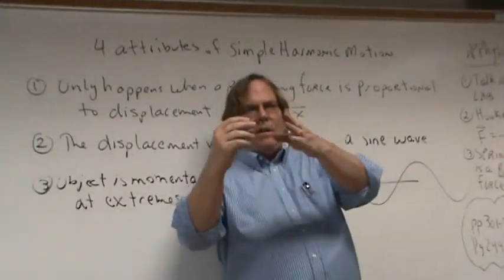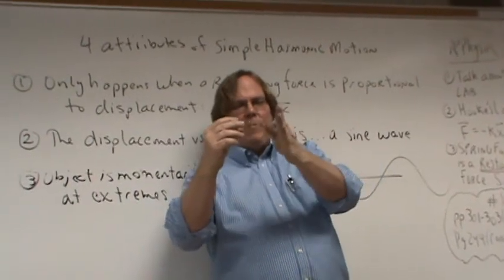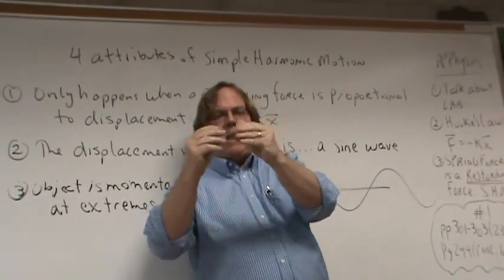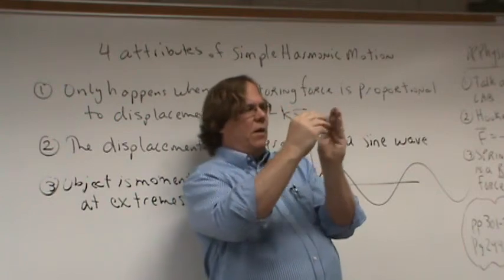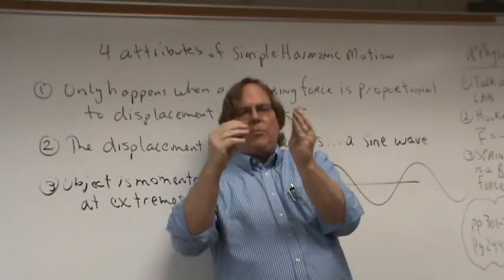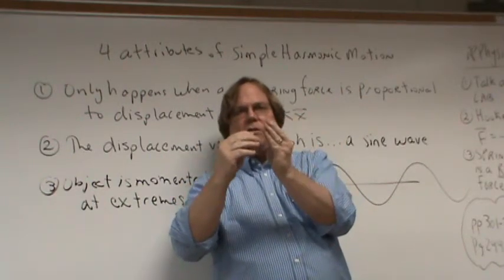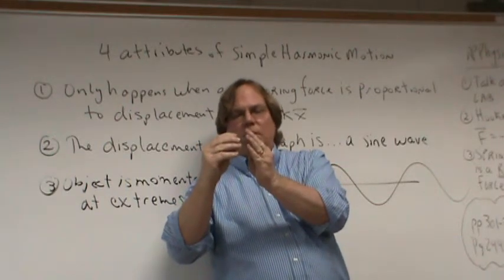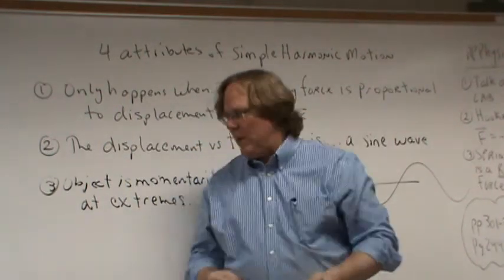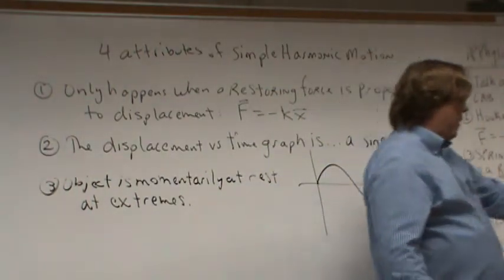if you've got vertical simple harmonic motion. If I happen to have this on a frictionless table and I put a mass here and I had the mass going back and forth on this spring horizontally, compression, stretch, then it would be at rest at the extremes, at the maximum compression, maximum stretch. When is this mass going fastest?